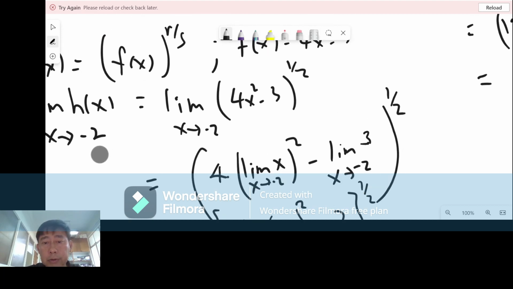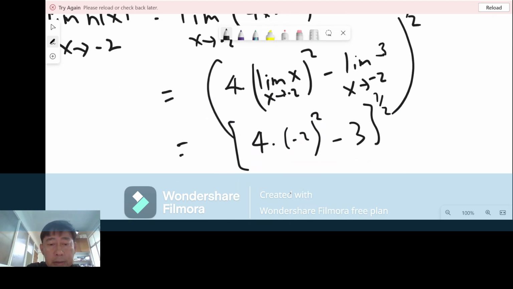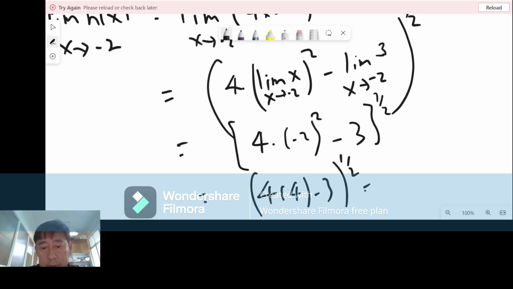So that is just equal to (4 times 4 minus 3) to the power of 1/2. 16 minus 3 is just 13. So it's just the square root of 13.